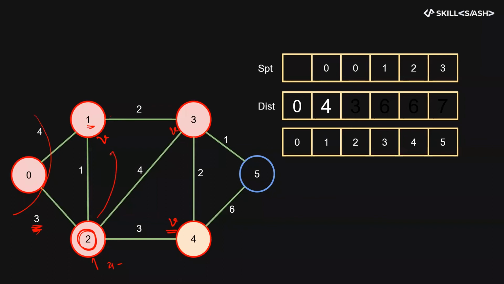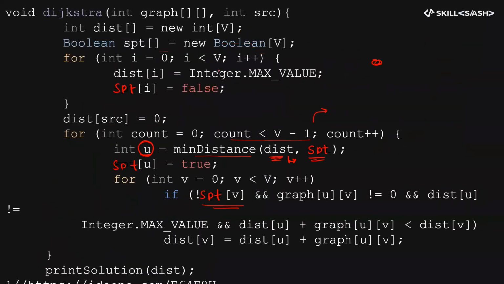And then I'll update the distances of all three, and I'll find the distances as graph of UV, because my graph is defined as an adjacency matrix, as I said, so that I can get the weight in order of 1. So I've got the first node which I have to start traversing.